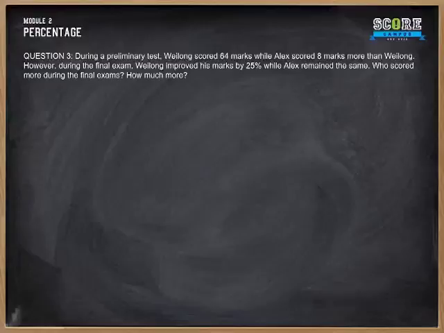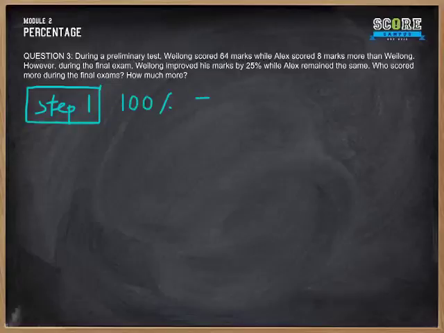Alright students, the best way to do this is to go straight into step 1. We need to find out how much Wei Long scored. We know that any increase is based on the original amount. So 100% is equal to 64. 1% is equal to 64 over 100. What is the increase here?